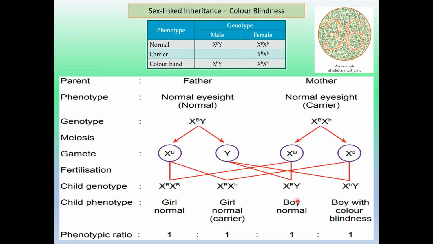This is a boy because XY, and this one has a dominant allele carried by the X chromosome, but this one is color blind because the X carries the recessive allele and Y does not carry any alleles, so this boy has color blindness. So the phenotype ratio is 1 normal girl, 1 normal girl who is a carrier, 1 normal boy, and 1 boy with color blindness.